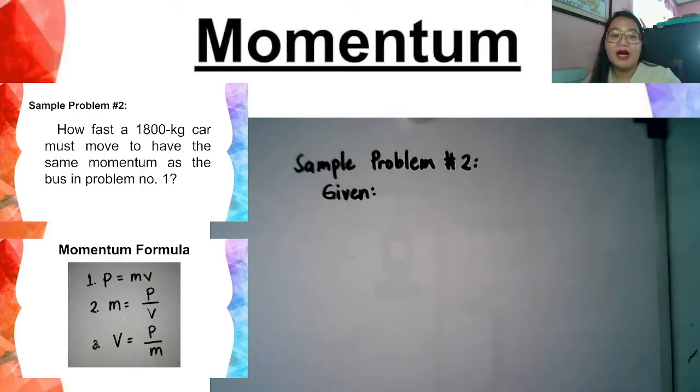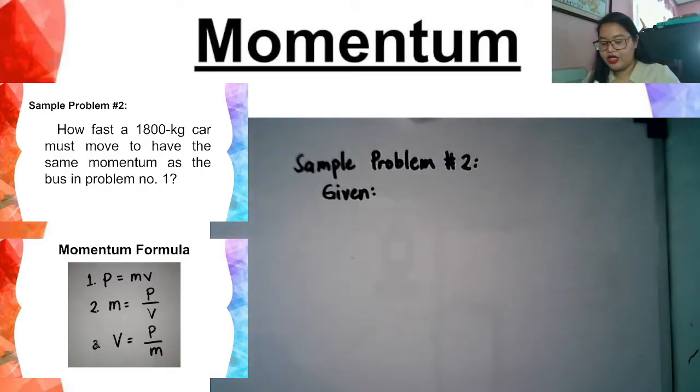So, alam natin yung bus ay mas malaki compared dun sa car. Okay? Pero, pwede sila magkaroon pa rin ng parehong momentum. Okay? Dun nga lang sila ngayon magkakaroon ng adjustment sa velocity. Ang tinatanong dito, how fast, okay, the car should move or its velocity.